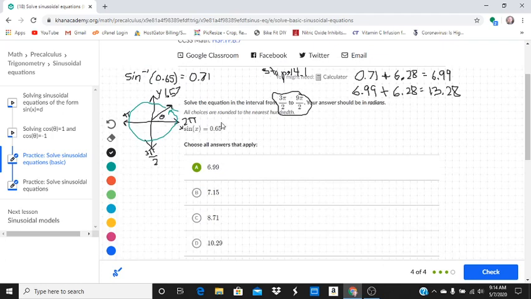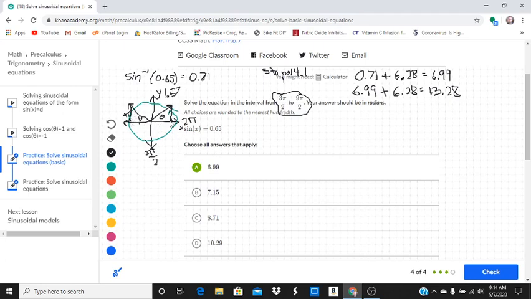So we might think we've got all the solutions, but we don't. Because remember this angle here, let's call that phi, that's going to have the same sine value because the hypotenuse is going to be the same, and the opposite side, which is your y value, is going to be the same.